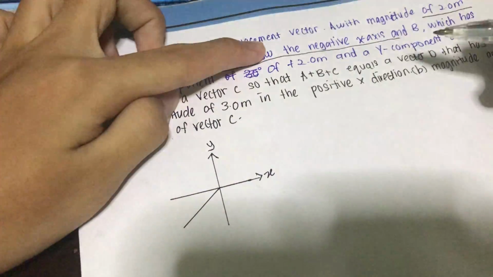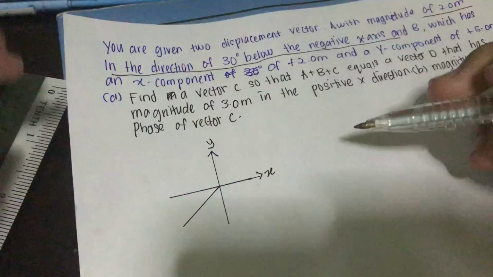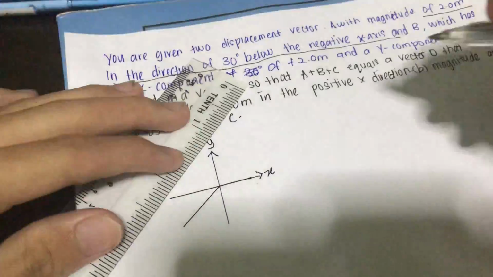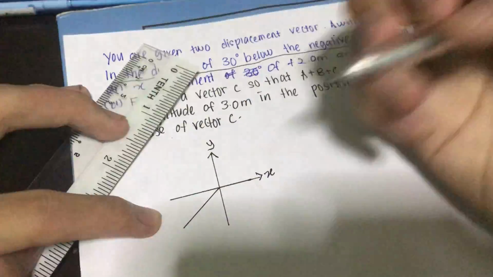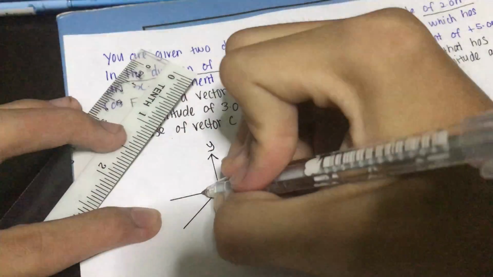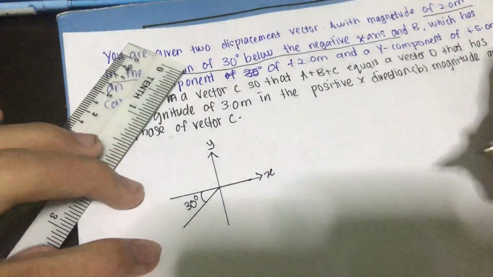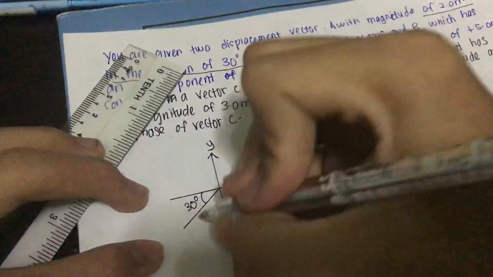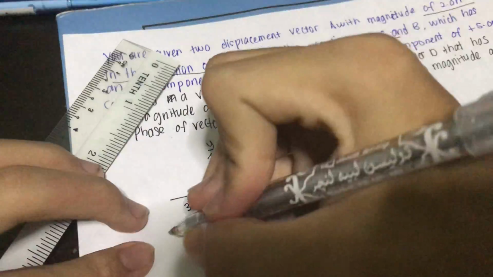Below the negative x-axis means the left side, opposite of positive x, so this is the third quadrant. The direction is 30 degrees and the magnitude is 2.0. So we get A.